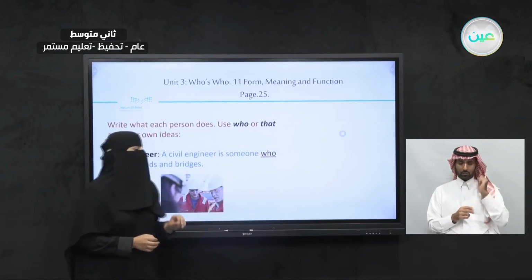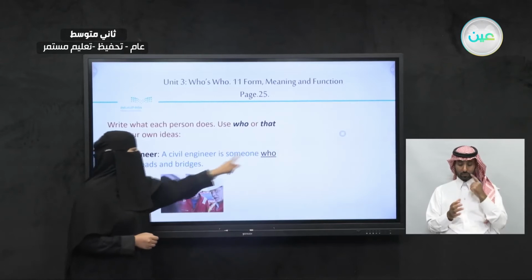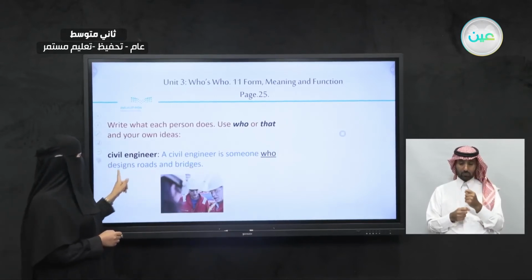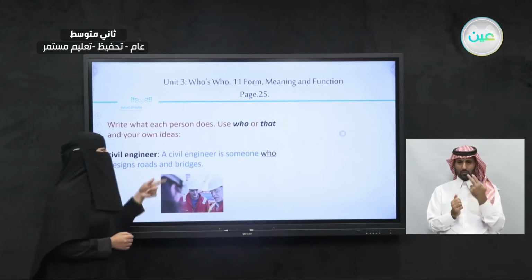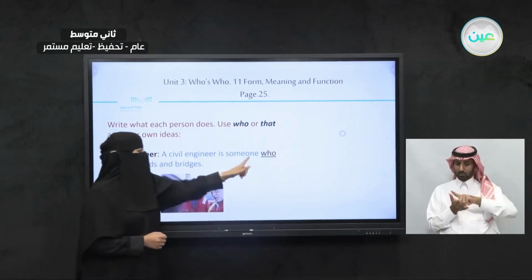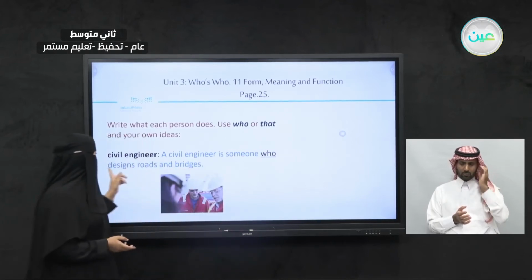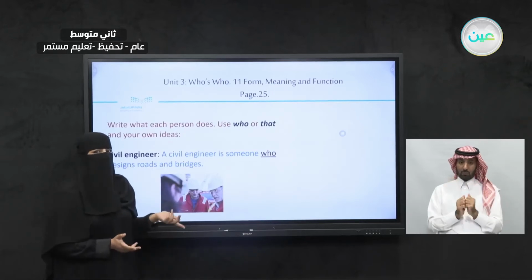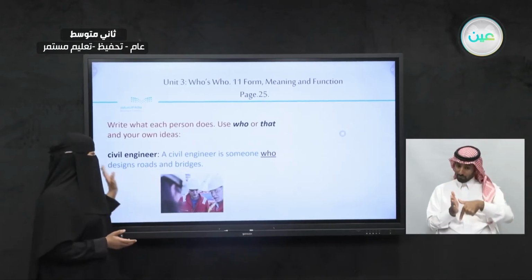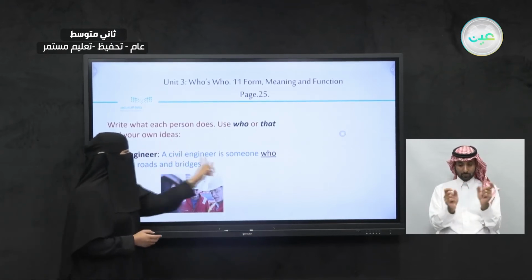All fine. Now, a civil engineer is someone who designs roads and bridges. Now, listen to this example. A civil engineer is someone, right? But when I say designs roads and bridges, who designs roads and bridges? It doesn't make sense. So this is a dependent clause that is depending on this clause.